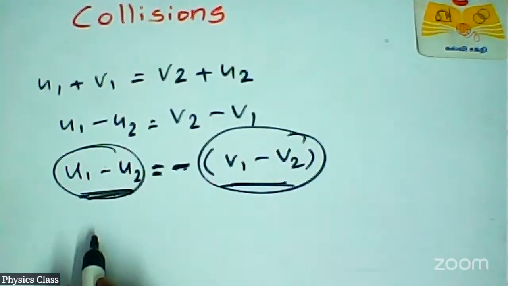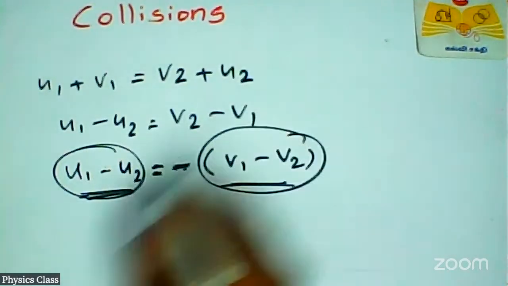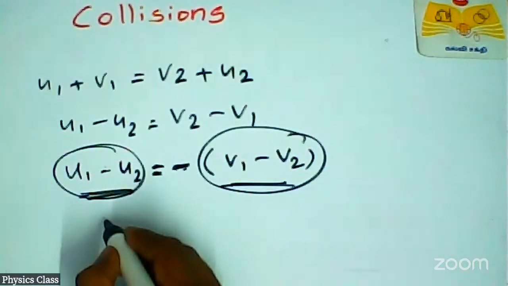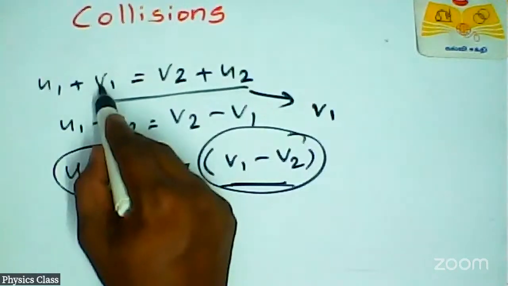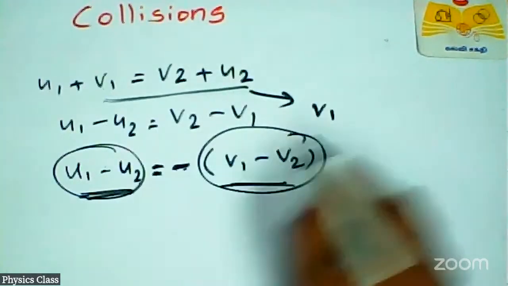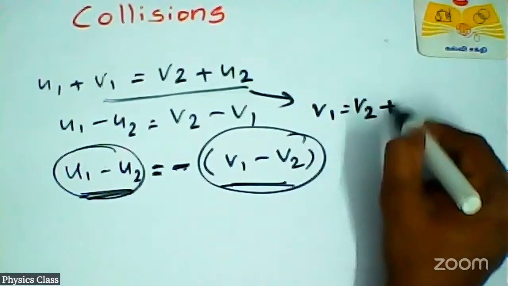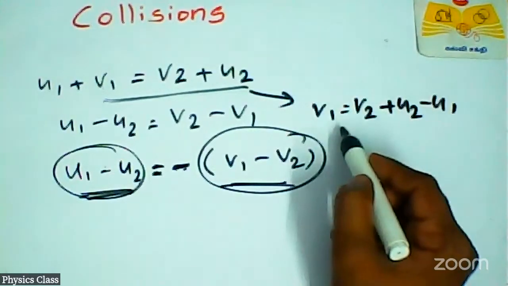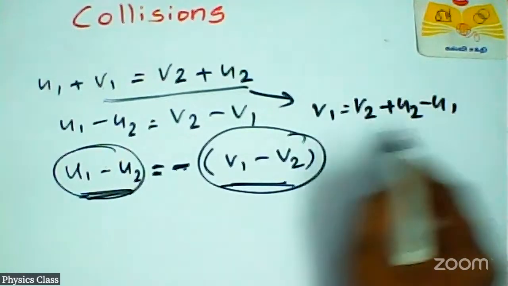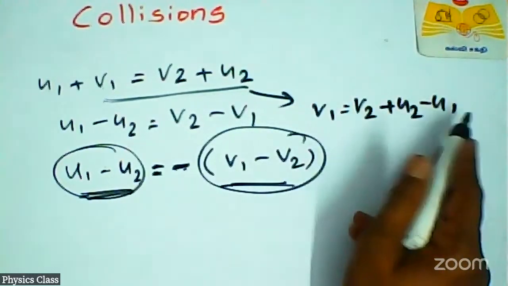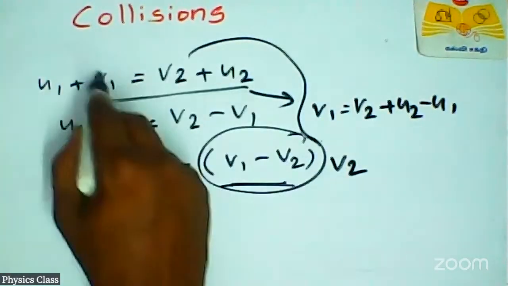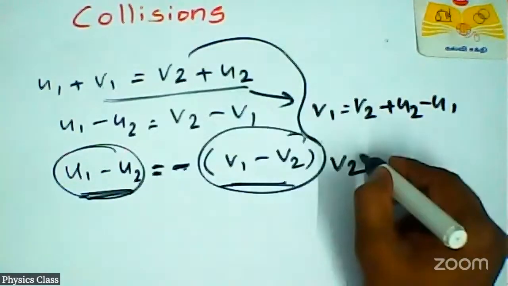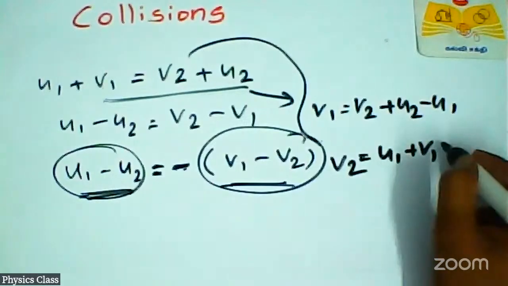So here you can also calculate v1 or v2. From this equation, v1 equals v2 plus u2 minus u1. This is the formula for v1 in your book. And v2 equals u1 plus v1 minus u2.